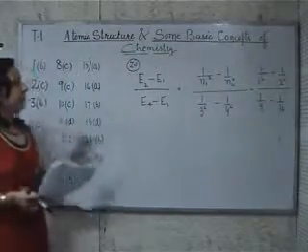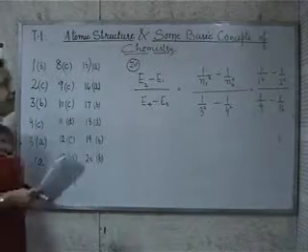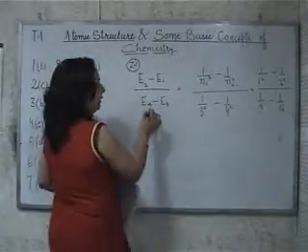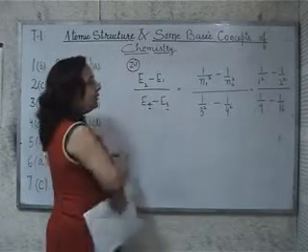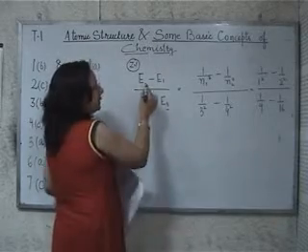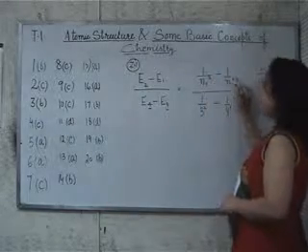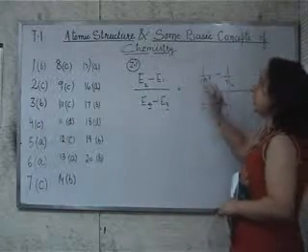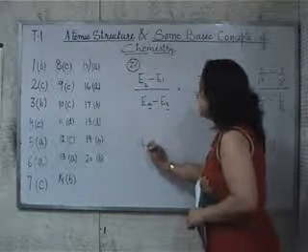Energy ratio means the ratio of 1 by n1 square minus 1 by n2 square. Remember one thing, this is basically n2 square minus n1 square, but energy formulas are negative and therefore we have the positive ratios. Negative is cancelled out.